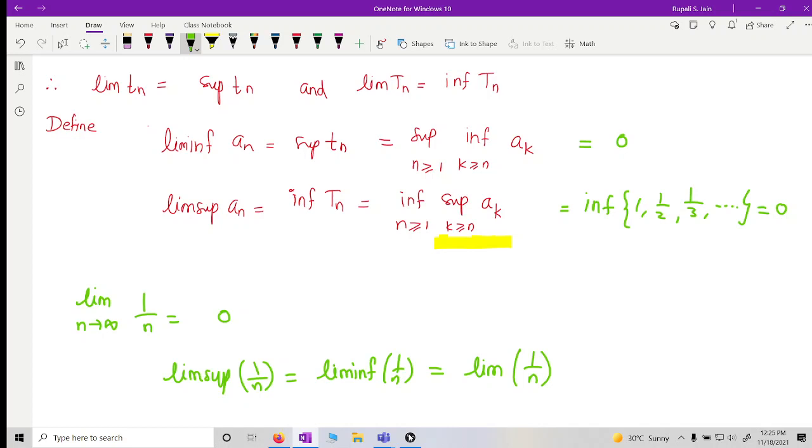So if a_n is a convergent sequence, then limsup is equal to liminf is equal to the limit of the sequence. That theorem also we have to prove. Is that okay? Yes, ma'am. If whatever sequence is not convergent, then liminf we will get different. Okay, we will consider another example also. But first you see this definition only.